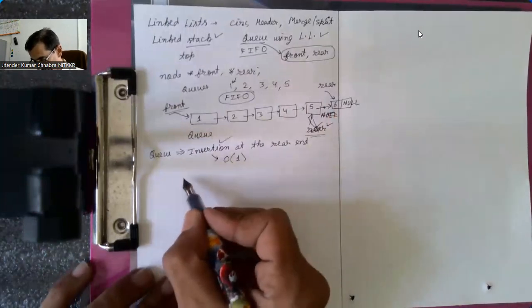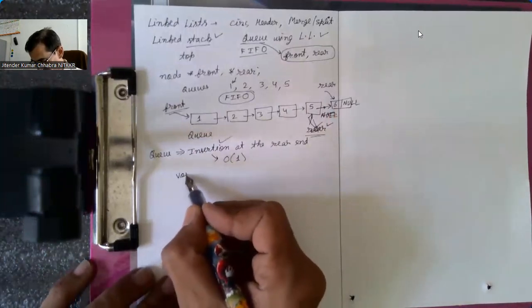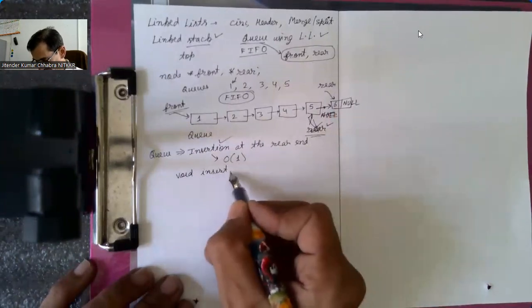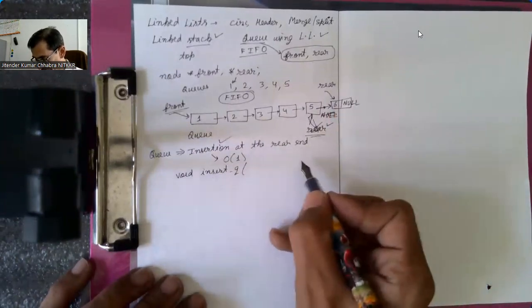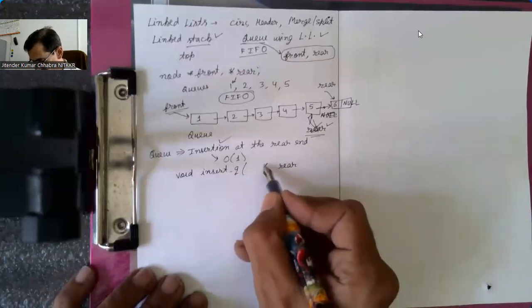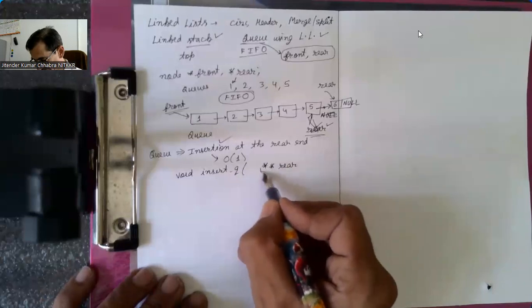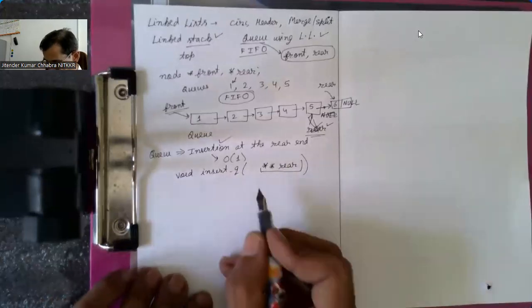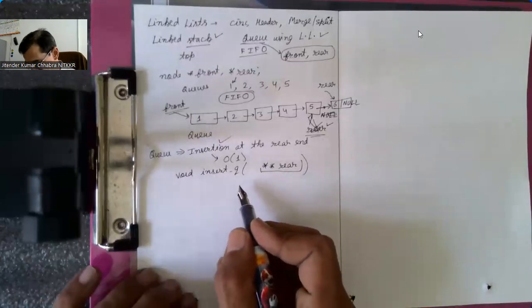You can have your void star insert or node star insert, to insert into the queue. But obviously now you will need your rear end to change. So you will need rear to be passed as a double star because the rear link will change. The rest everything is simple: a new malloc and linking to be done.